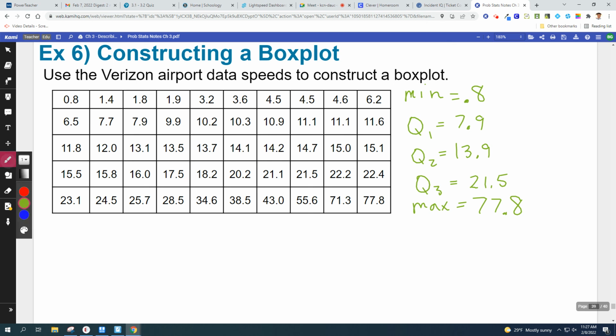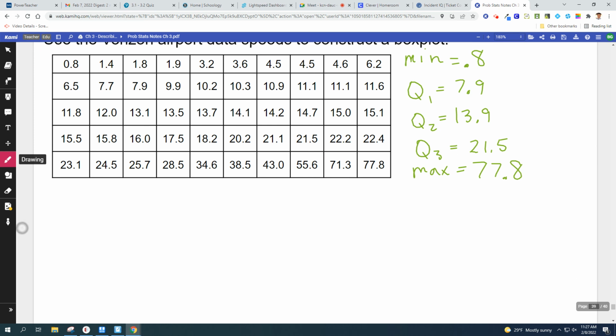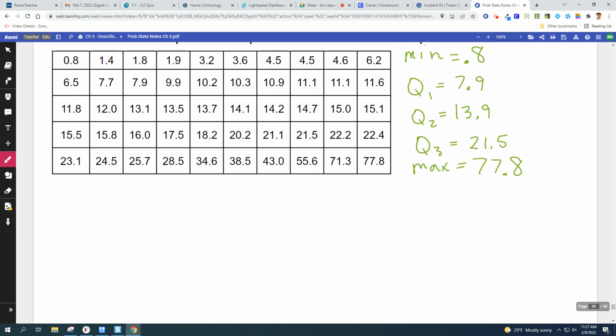So you want to start with a line segment from the minimum to the maximum. So 0.8, 77.8.